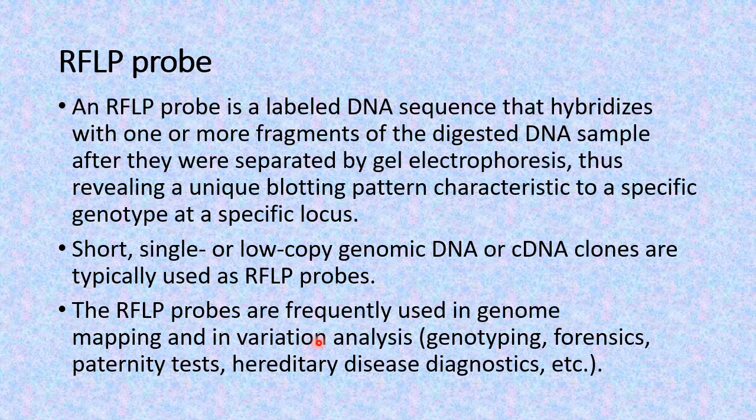These probes are used in genome mapping as well as in variation analysis techniques like genotyping or forensic studies in order to identify the given stretch of DNA, or in paternity tests, or for the diagnosis of hereditary disease, etc.